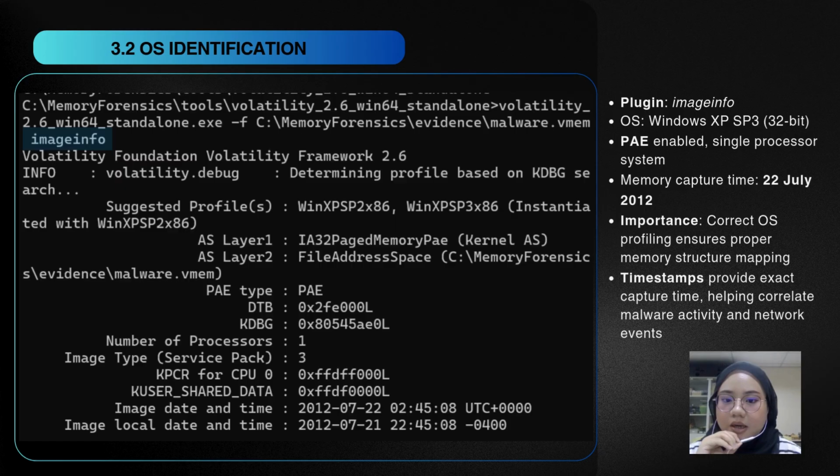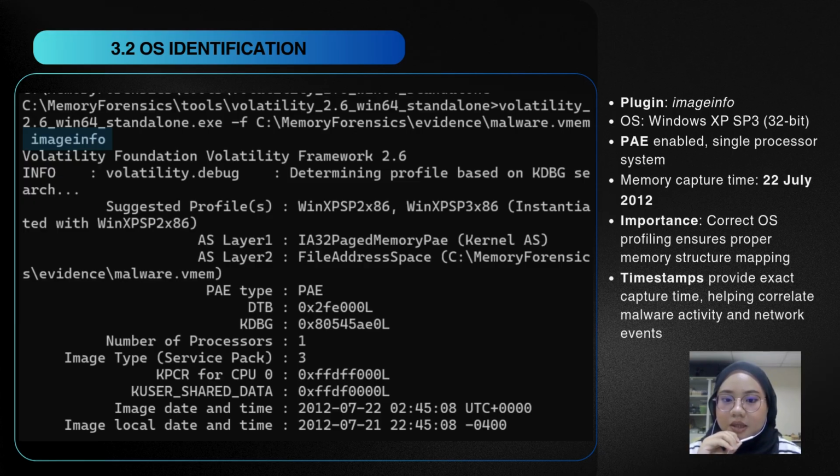The image date and time represent the timestamp recorded in Coordinated Universal Time when the memory snapshot was taken. This provides a universal reference independent of local time zone, which is useful when correlating events across systems or logs. The image local date and time represent the same moment adjusted to the system's local time zone, in this case Eastern Daylight Time (UTC-4).